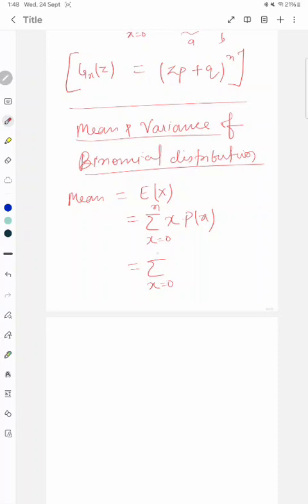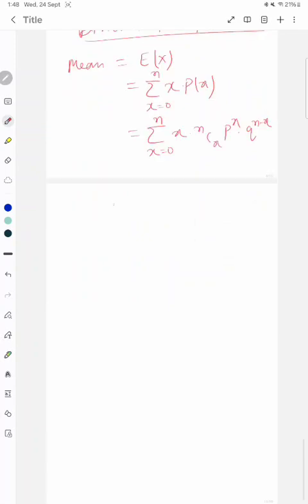Summation of x from 0 to n x nCx p^x q^(n minus x). x and then factorial n by x factorial and n minus x factorial, p^x into q^(n minus x).